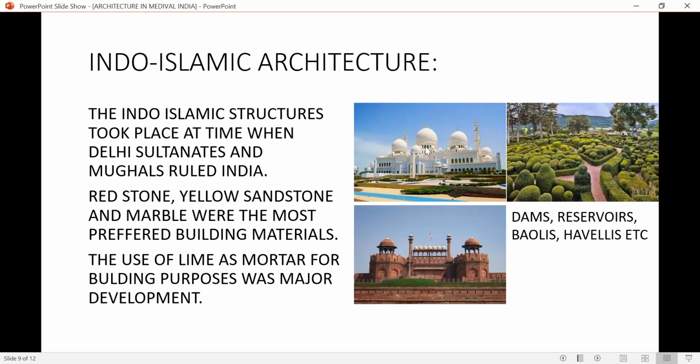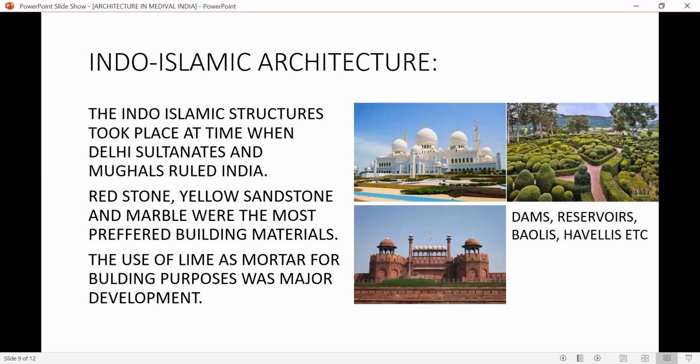So when the Delhi Sultanate and Mughals were ruling India, the Indo-Islamic structures evolved into a distinctive Indo-Islamic style.